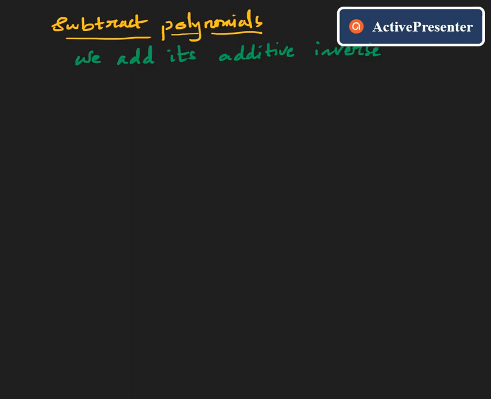Now, what do we do to subtract two polynomials from each other? To subtract a polynomial, we add its additive inverse. What is the additive inverse of a polynomial? For example, what is the additive inverse of 3x minus 7?